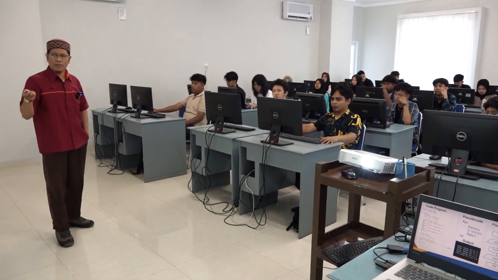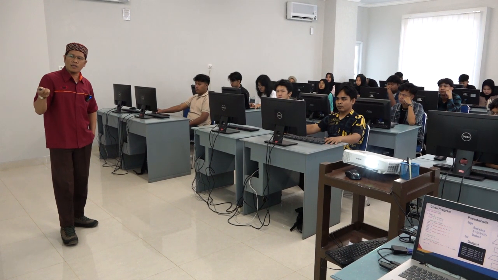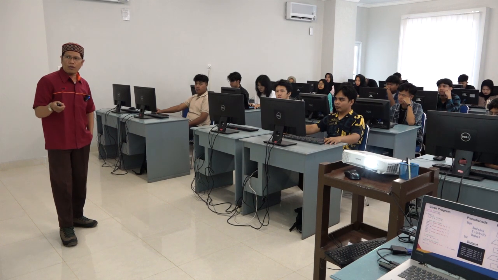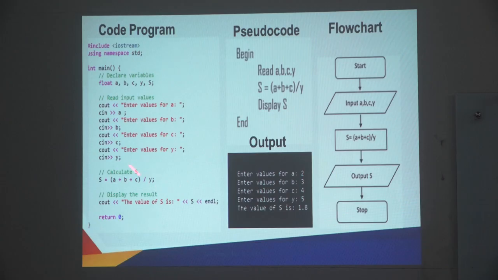If A is saved as 2, B is saved as 3, and C is saved as 4, then we add them. 2 plus 3 is 5, and plus 4 is 9.